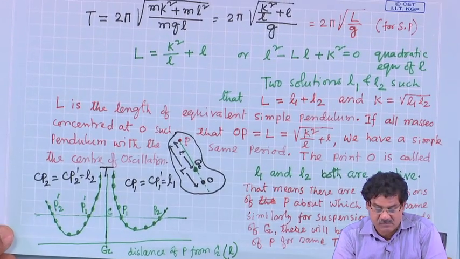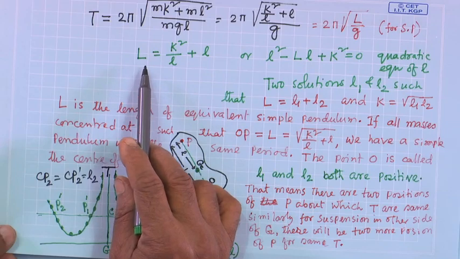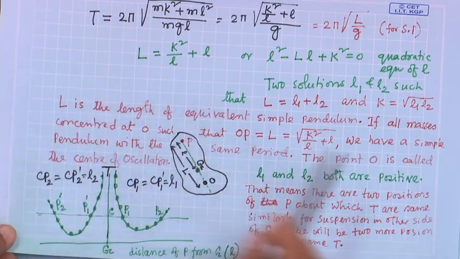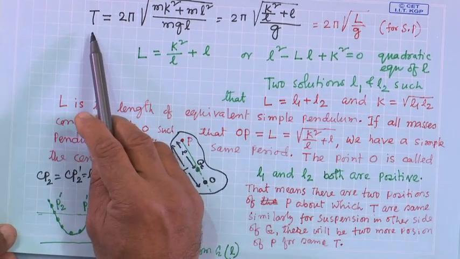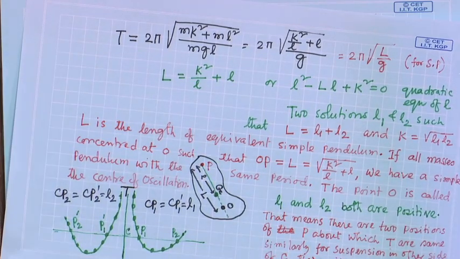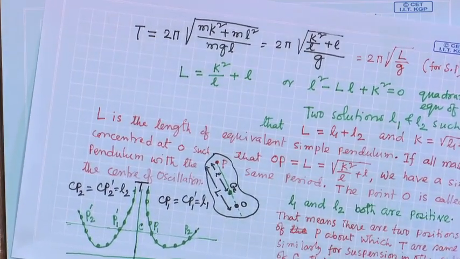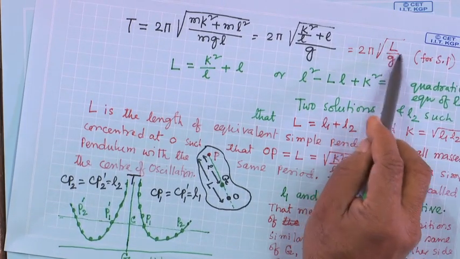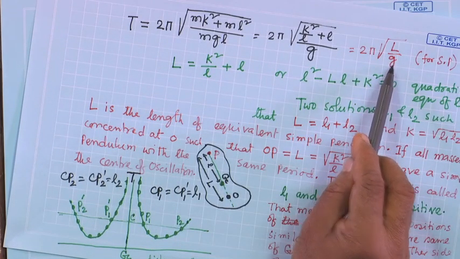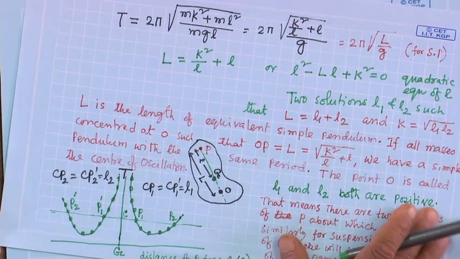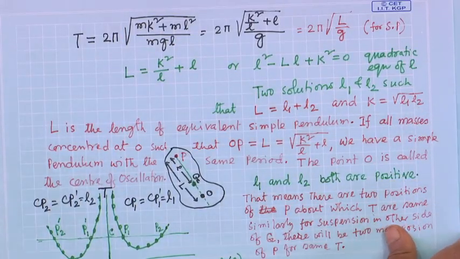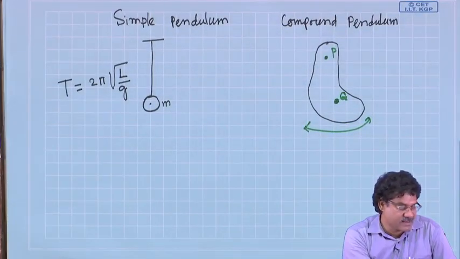And then you will find capital L, and from capital L you will get the value of g, because you are measuring the time period T and you are also getting capital L. So, from there you will find the value of g, and k you get directly from the relation, the square root of L 1 and L 2. Okay. So, what do you have to measure?